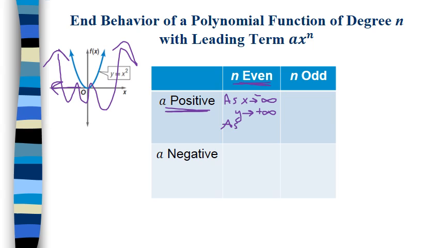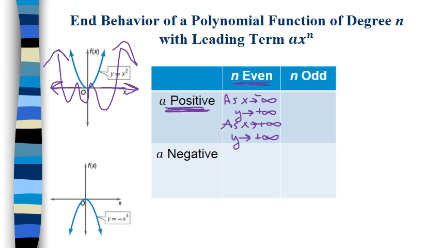And as x approaches positive infinity, so that's going this way, y is going to also approach positive infinity. And if we flip a around, because remember when a is positive, it's facing up, so to say, if a is negative, then it's going to reflect across the x-axis.